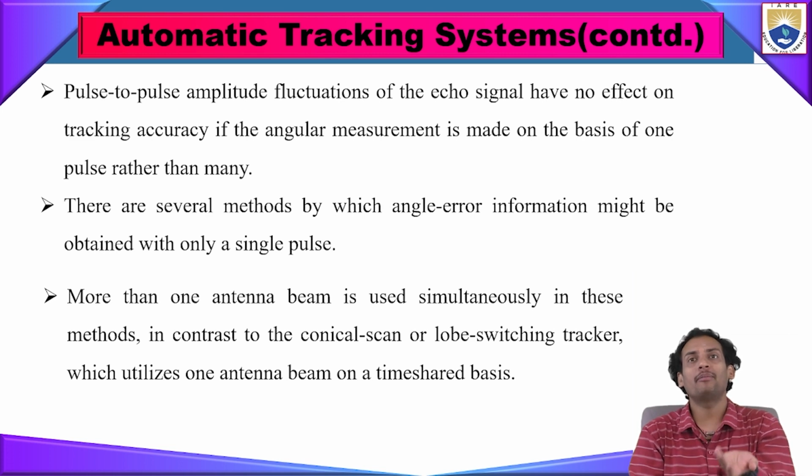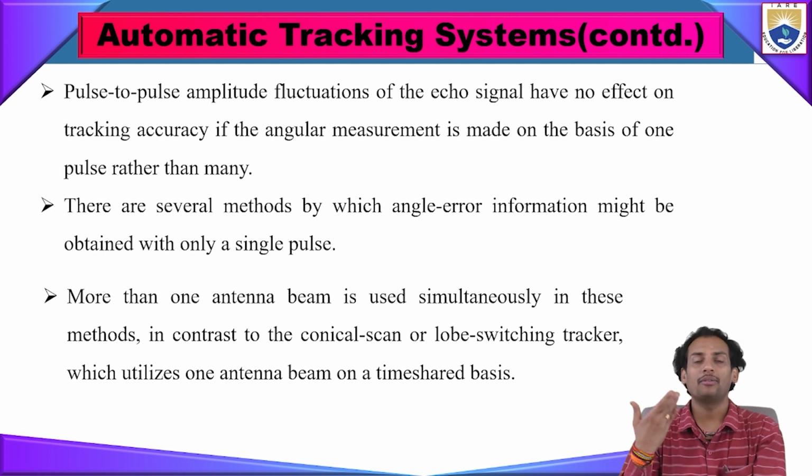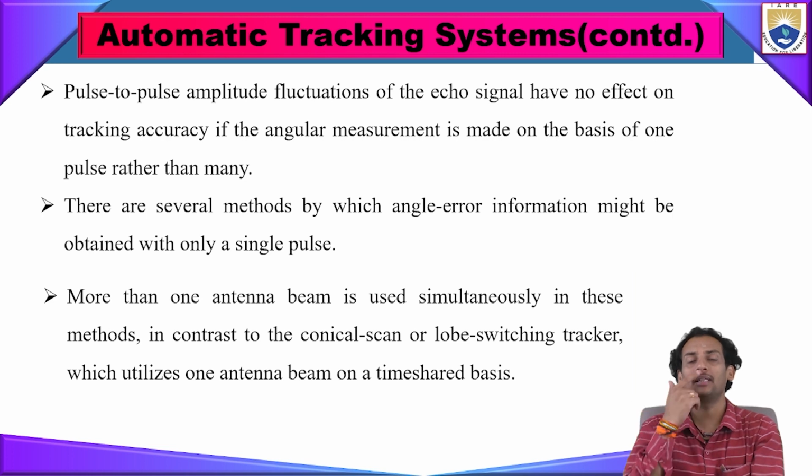There are several methods of angular error detection systems. In addition to this, there are methods that focus on conical scanning and lobe switching trackers, which use the antenna beam on a time shared basis.